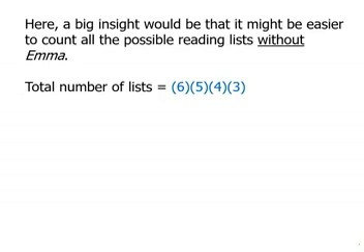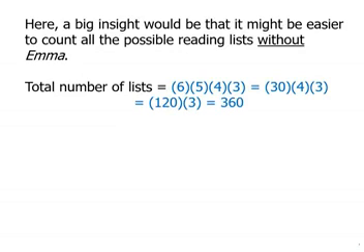That's the total number of possible lists of 4 novels in a row, without any restriction. So let's see. 6 times 5 is 30. Then 4 times 30 is 120. And then 3 times 120 is 360. So that's the total number of possible reading lists if there's no restriction at all.